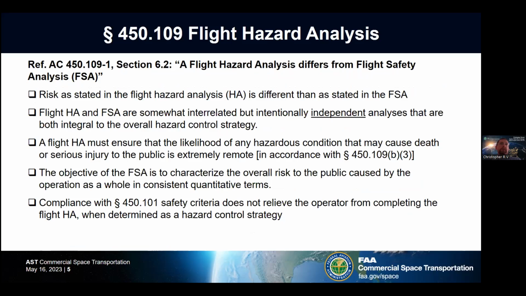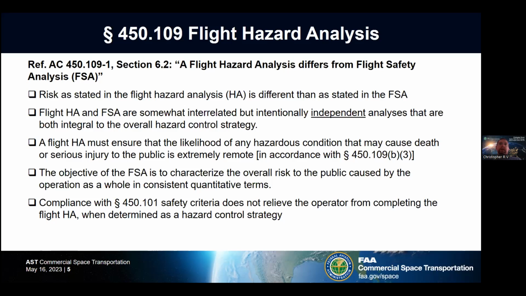Section 6.2 of the AC discusses how a flight hazard analysis differs from flight safety analysis. The most obvious being that risk stated in the flight hazard analysis is different than as stated in the FSA. Both flight hazard analysis and FSA are somewhat interrelated, but intentionally independent analyses that are both integral to the overall hazard control strategy. A flight hazard analysis must ensure the likelihood of any hazardous condition that may cause death or serious injury to the public is extremely remote.